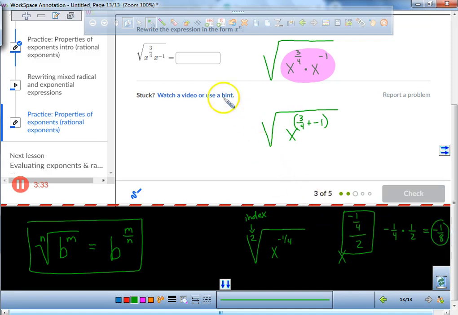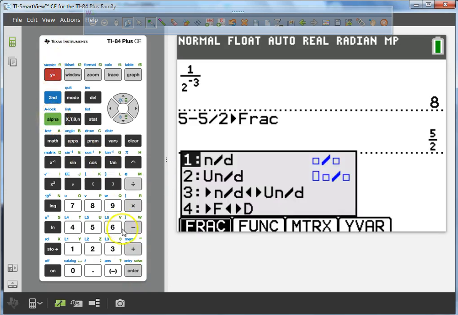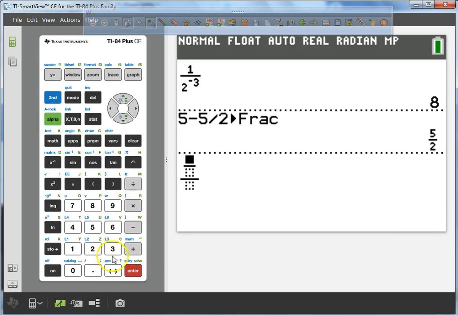So what is my final answer going to be? X to the power of negative 1/8. That's going to be my answer. Like, well, I can't do that in my head. That's okay. You just go to your graphing calculator, hit alpha y equals, enter. Then you're going to have to do another alpha y equals, enter. And you put what?